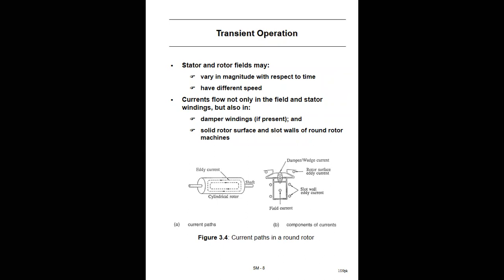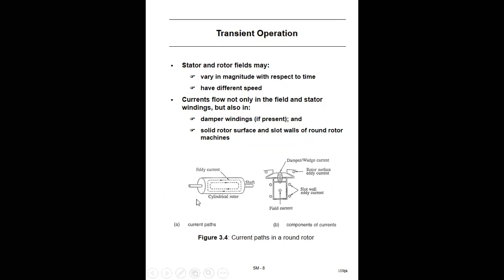So we're discussing the transient operation. Whenever there is a transient, excess current will flow either through the damper winding if present, or through the solid rotor surface and slot walls of round rotor machines.